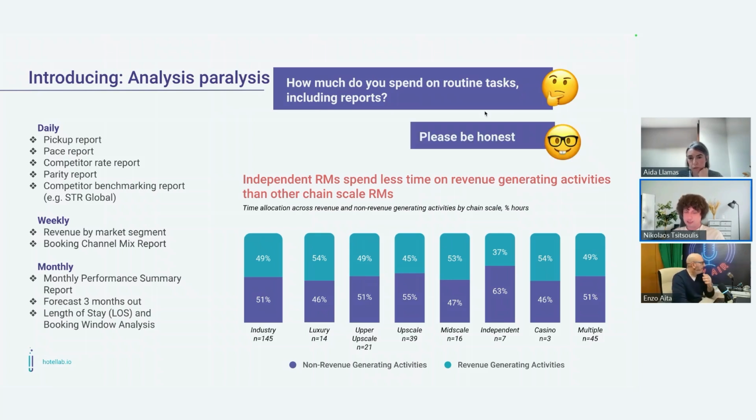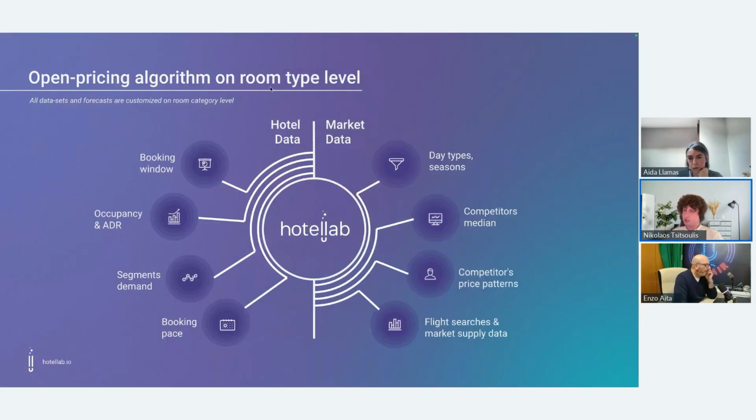So let's be honest, how much time do we spend on reporting? And is it actually feasible to have a very successful strategy to analyze all these data on a room type level and not on hotel level, right? So that would be booking window, occupancy, segmentation, sub-segments, as also Enzo said earlier, booking base, competitor rates, right?